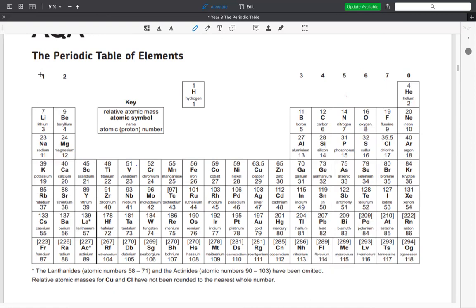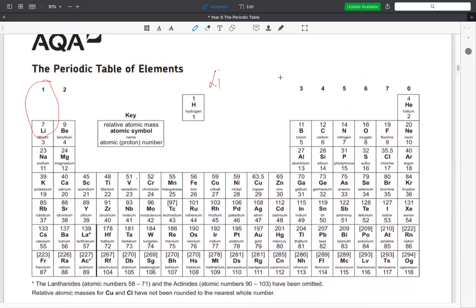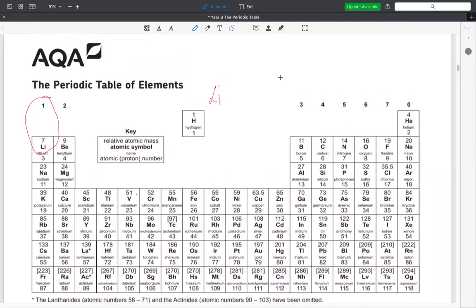So, for example, if I have a look at group 1 and I take lithium as an example. If you remember when we were looking back at our year 7 content in our previous video, lithium atoms will have a nucleus in the middle with our positive protons and our neutrons, which I'm just going to write as 0 because they have no charge. And then around it, we would have a shell, and the first shell will have 2 electrons.